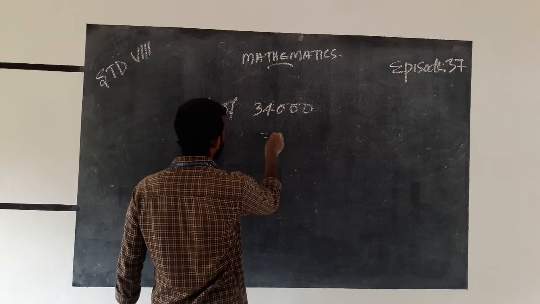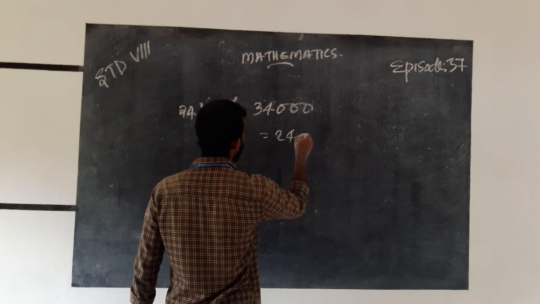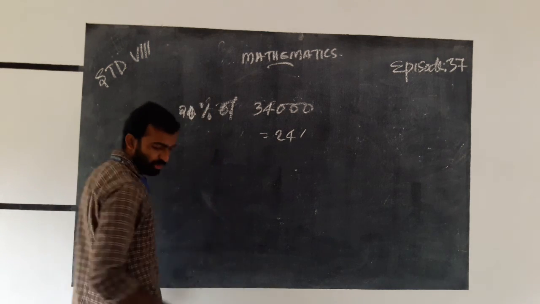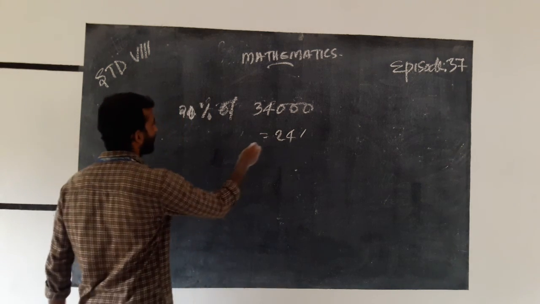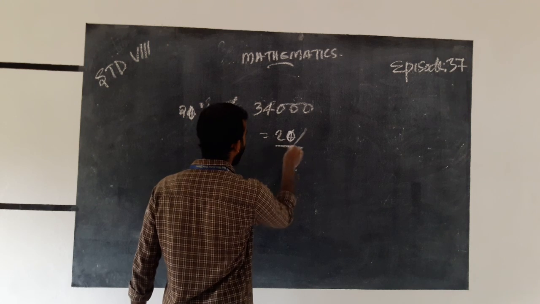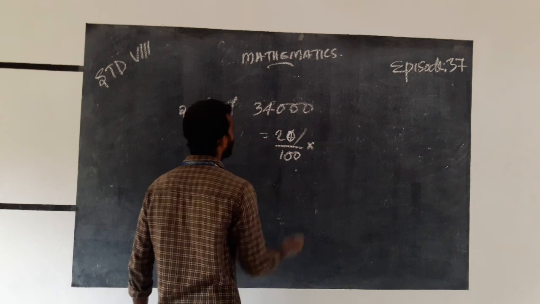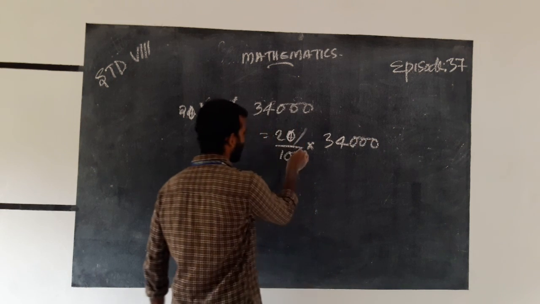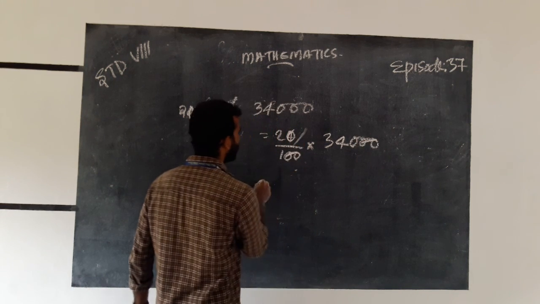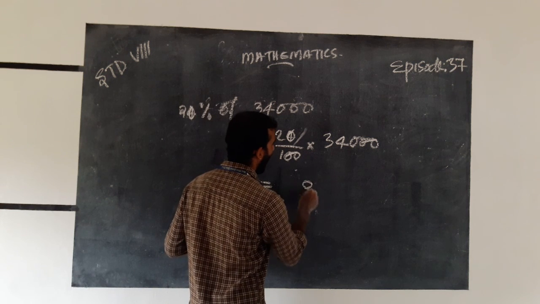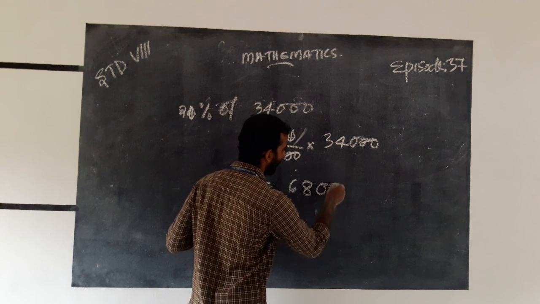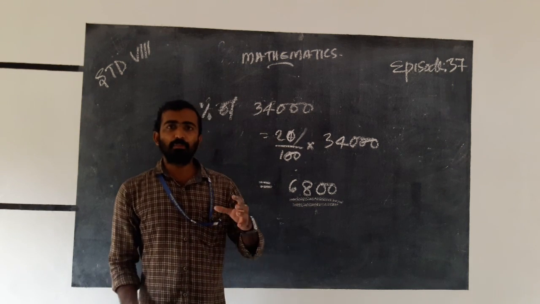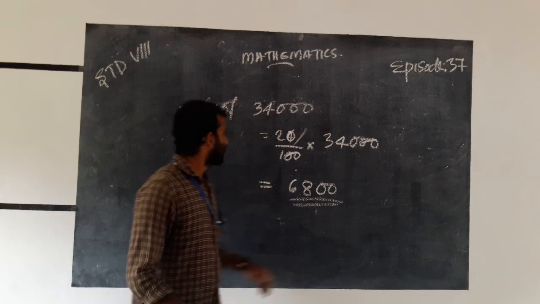That is 20 by 100 into 34,000. We cancel this, then we get 6,800. That is the money increased.